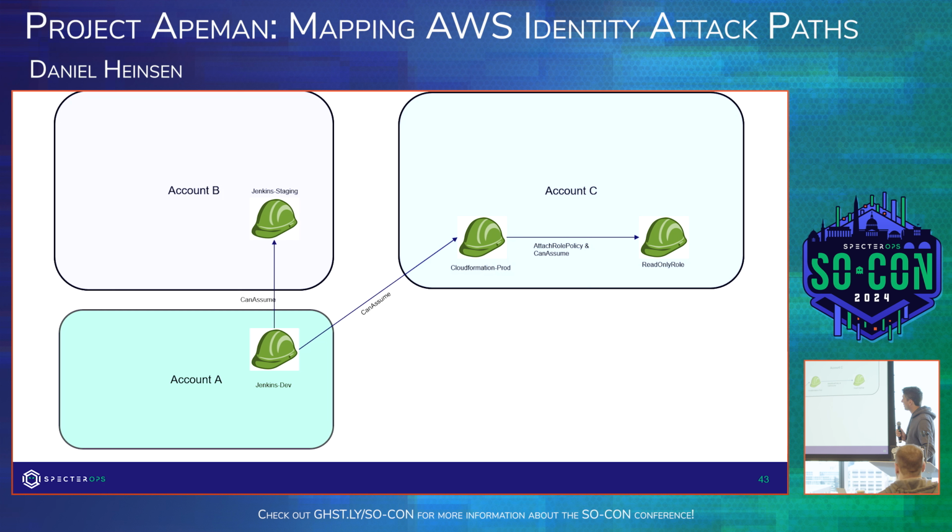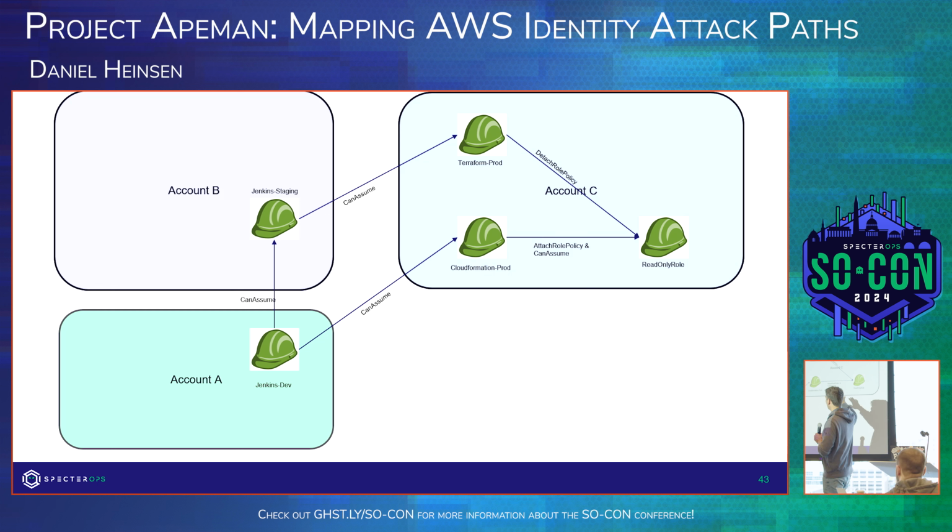And Jenkins Dev can also assume Jenkins staging, which can assume Terraform prod, which can call detach role policy on this read-only role. So over the span of 3 separate accounts, we can build out a path that's tier 0 on this read-only role, because at this point, we can attach and detach arbitrary policies to read-only role and take over our account C, which is like our, let's say it's our production account, right?